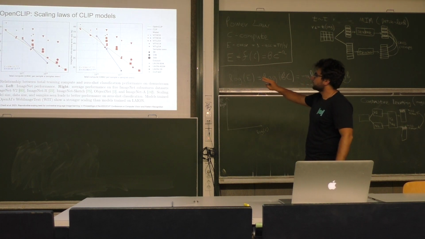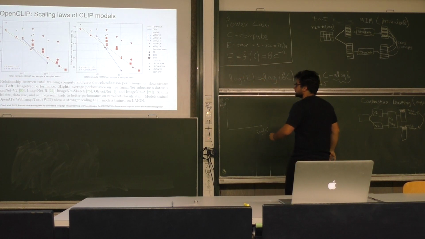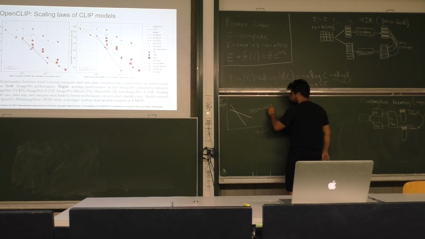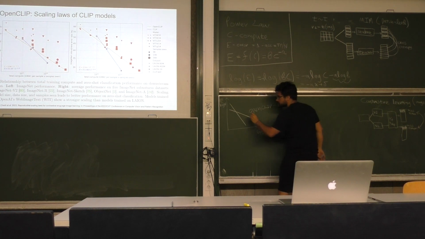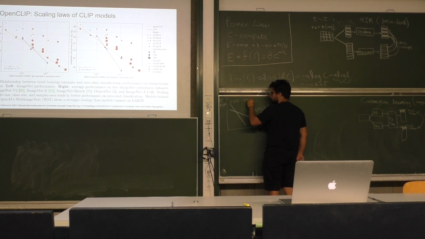And I would like to point out the difference between the two colors, the blue and purple lines, which look something like this, more or less. This is OpenCLIP trained on LAION, and this is CLIP from OpenAI trained on this WIT 400 million data.